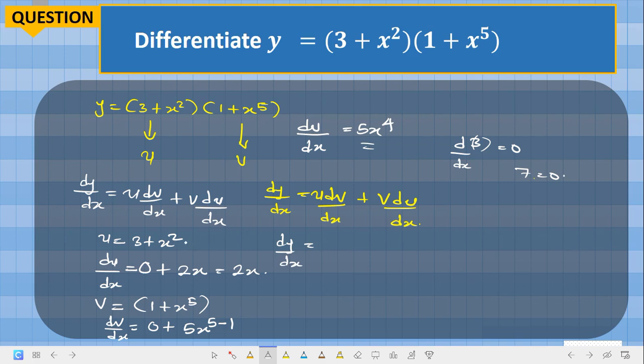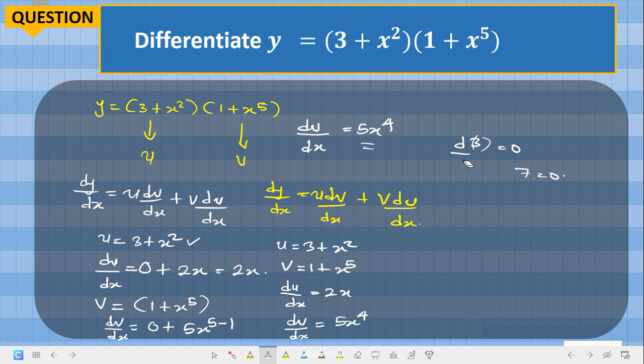We may want to write all our parameters out again. U is 3 plus s square. V is 1 plus s raised to the power of 5. And our du ds is 2s, dv over ds is 5s raised to the power of 4.